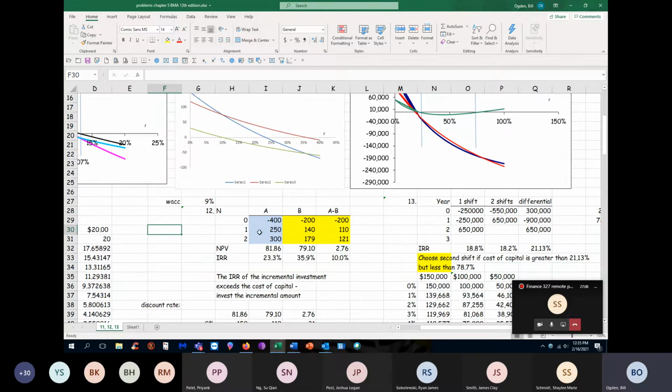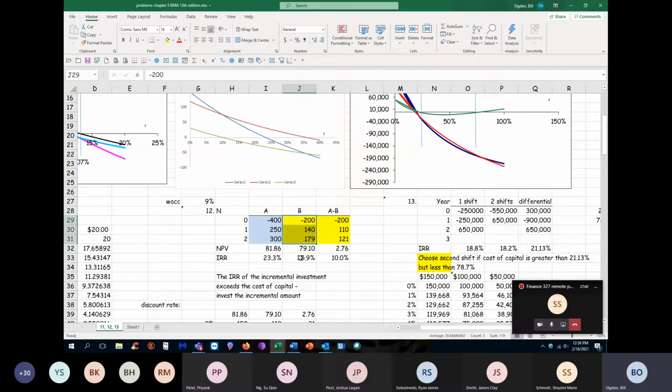The way you'd use IRR to show which of these investments to choose is you'd have to go into the incremental investment. Is the IRR of the incremental investment higher than the cost of capital? Well, in this case, it's 10% IRR and the cost of capital is 9%. So you would accept this incremental investment. Obviously B is not an issue.